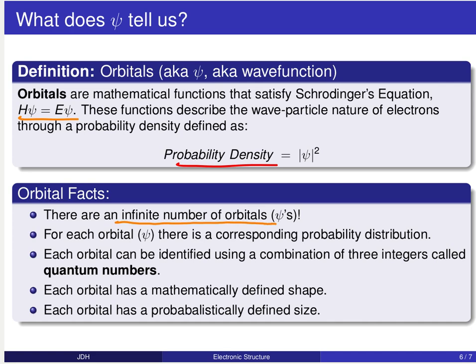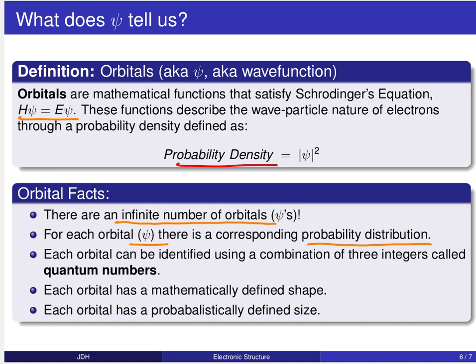In other words, there's an infinite number of different states in which we can find electrons around any given atom or nucleus. For each one of those orbital descriptions, there's a corresponding probability distribution. In other words, each orbital solution defines the probability of finding an electron in a given region of space around that atom or molecule.